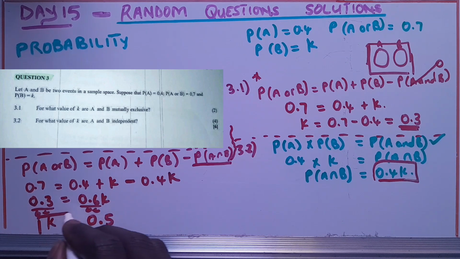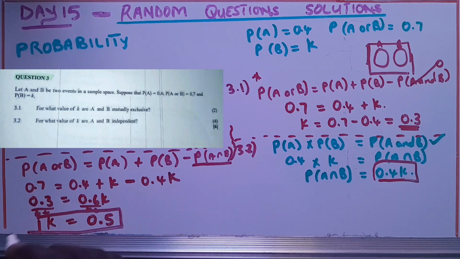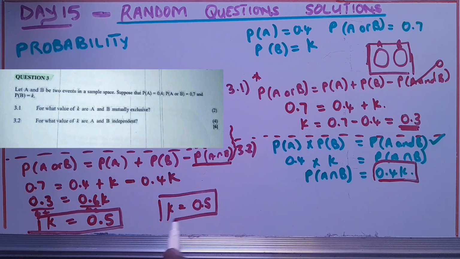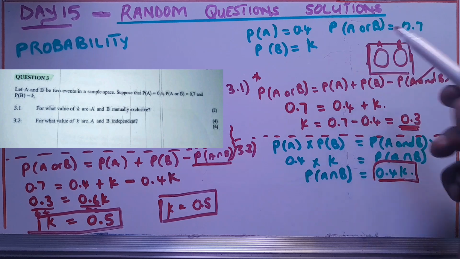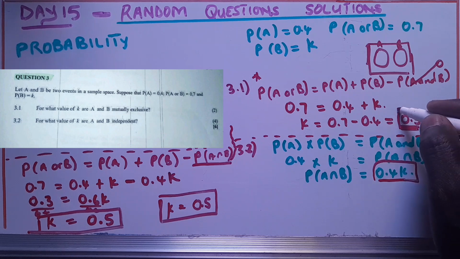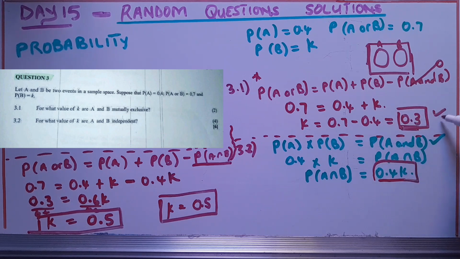So if our events are independent, our value of K becomes 0.5, and if our events are mutually exclusive, our value of K becomes 0.3, like that.